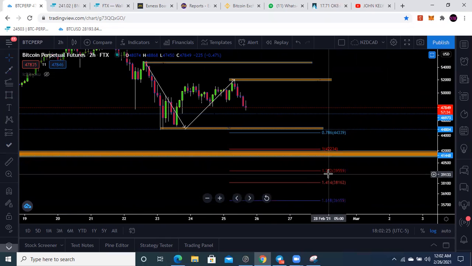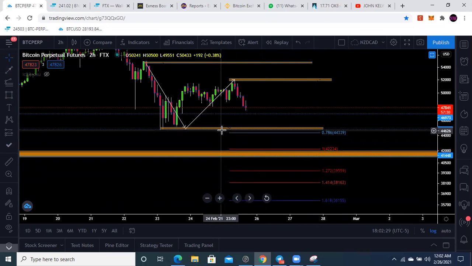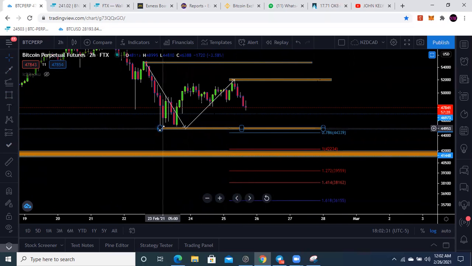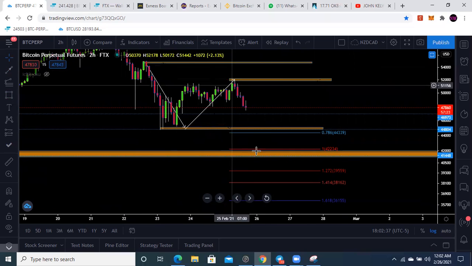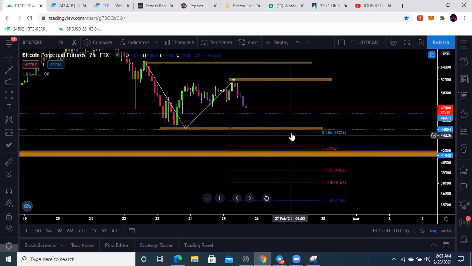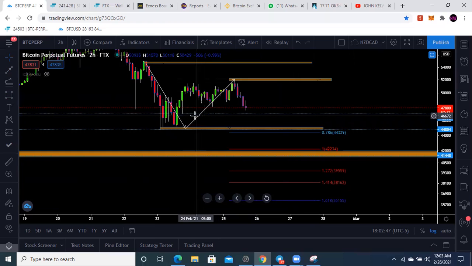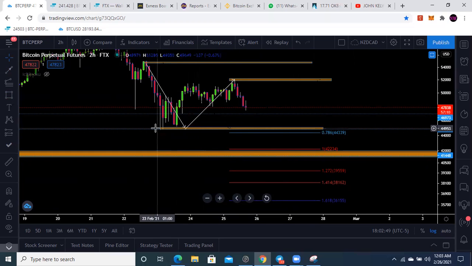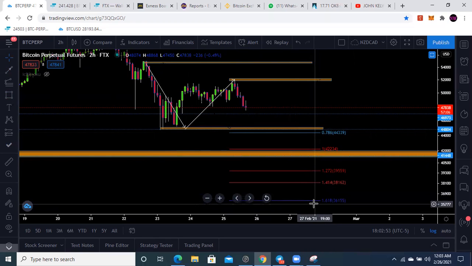Now, what I'm trying to say here is this: if and only if price closes below these 2, take note of what I'm trying to explain here. This is 1, 2, 3, and 4, all these 5 targets. So if price closes below 2, then there's high probability we're going to get these targets to the downside.